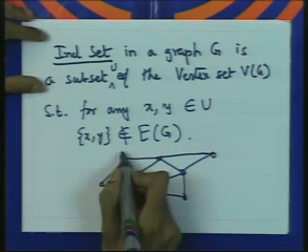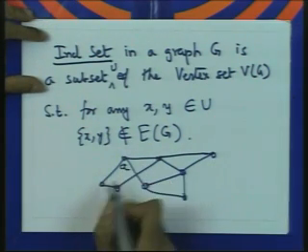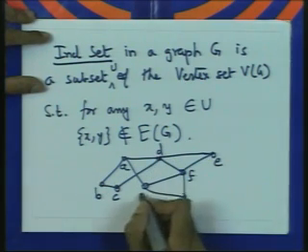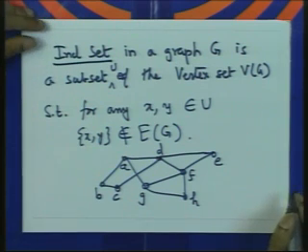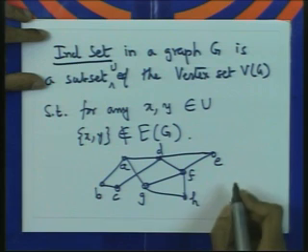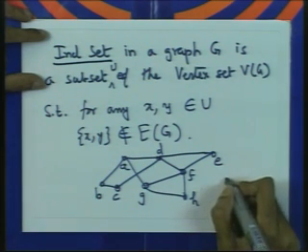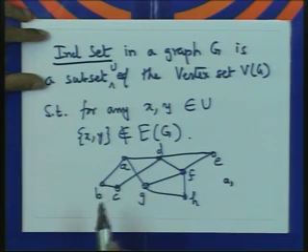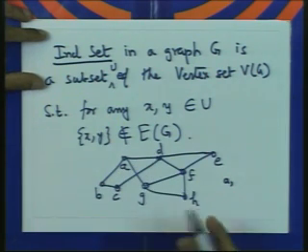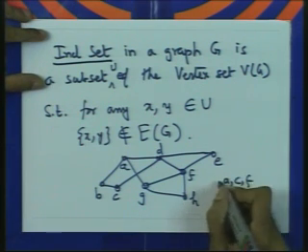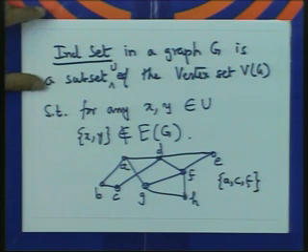Let me give the vertices some labels: A, B, C, D, E, F, G, H. If I look at this graph, one independent set could be A. If I put A in the independent set, then B and D cannot be part of it because there's an edge between them and A. So I could have C in it, and F. A, C, and F is an independent set.